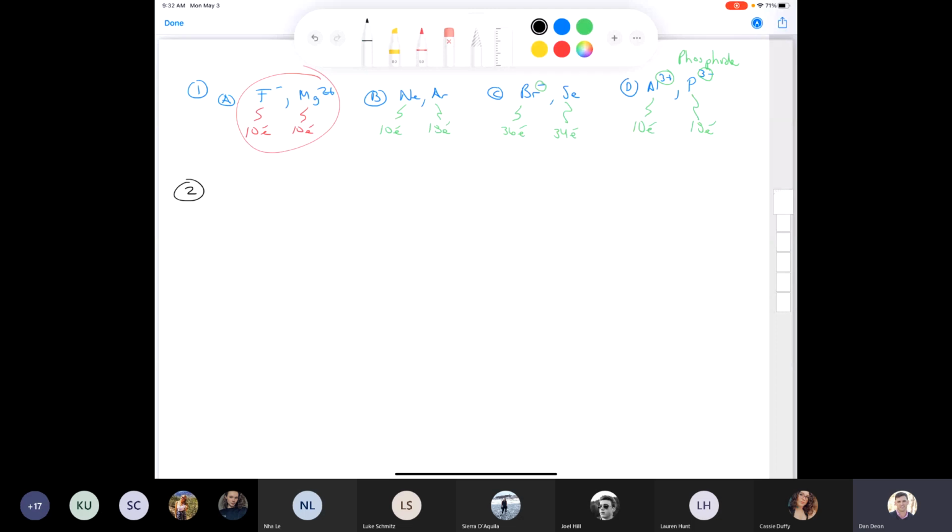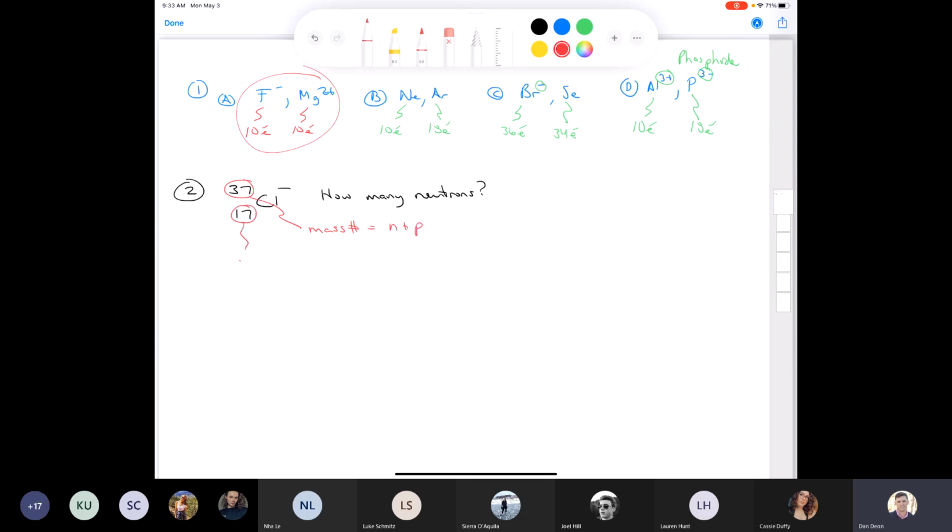The second question says, how many neutrons are there in this isotope of chloride? Keep in mind this is chloride, not chlorine, because it's got a -1 charge. So how many neutrons are in this isotope of this anion? Well, you should remember that this number up here represents the mass number, which is equal to the sum of the number of neutrons and protons.